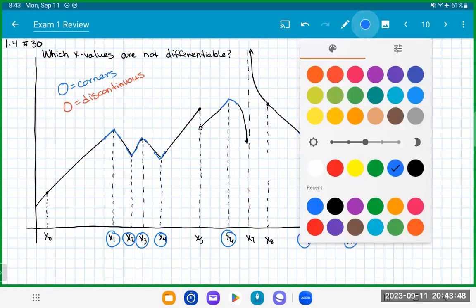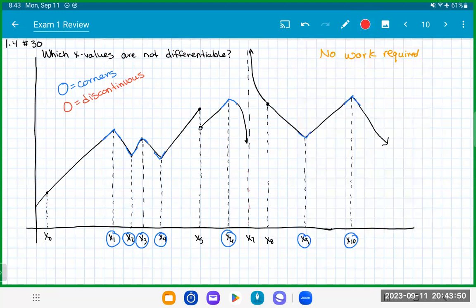Okay. For the discontinuities, where there's a jump in the graph or where there are asymptotes, things like that, that's where we're going to be discontinuous. You can see there's a jump right here in the graph, so we're going to be discontinuous here.